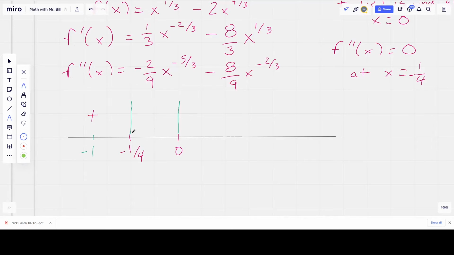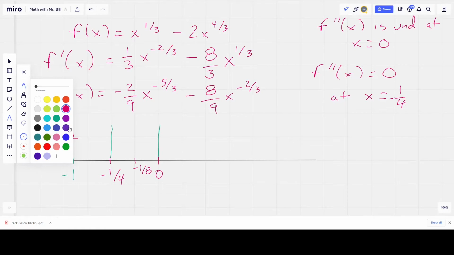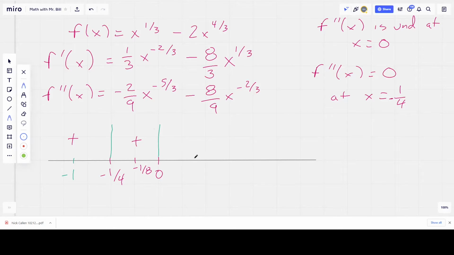So that's positive there. And if we take a number that has an easy cubed root, something like negative 1/8, and we plug that in, then let's see what we get. Okay, so plugging in negative 1/8 gives us a positive 3 5/9. So that's going to give us a positive number. And let's take and plug in 1.